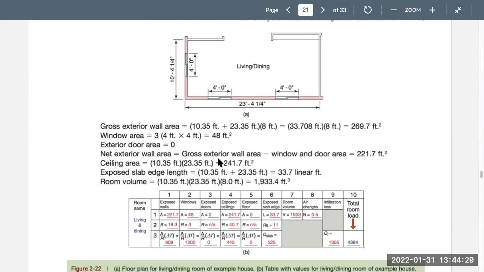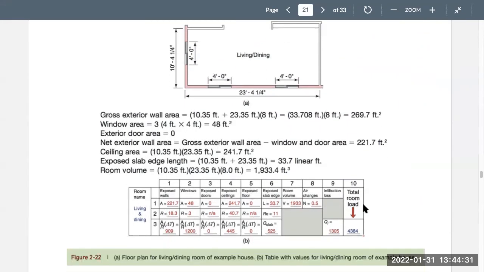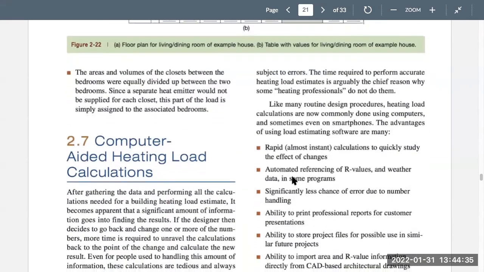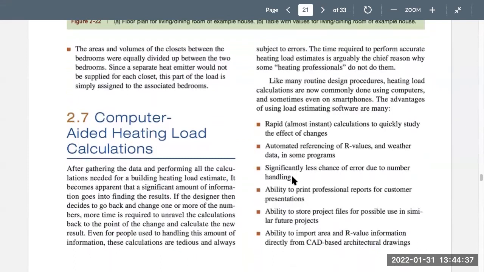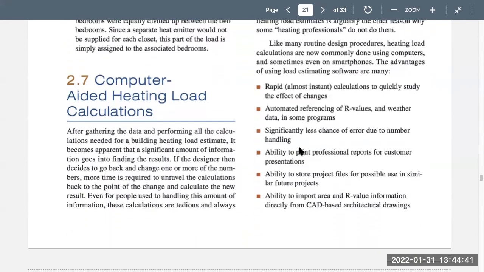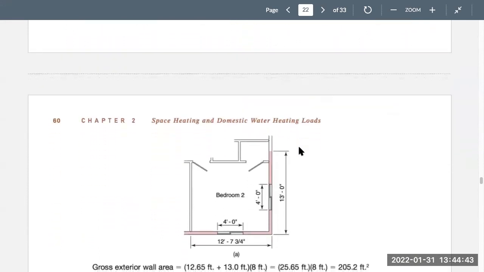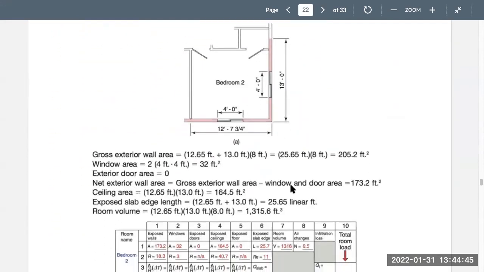Okay, so this should look very similar to that calculator. So because of that, we know that we want to do computer calculations so we can change our numbers based on our temperature differential.